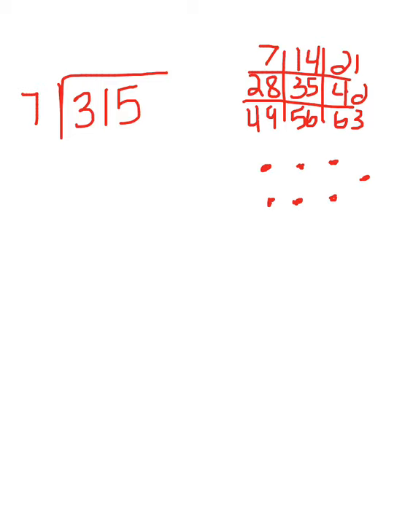Okay? So we're going to start by underlining the 3. And what we're looking at is, can 7 times a number equal 3? So if you look up here in your tic-tac-toe chart, do you see a 3 by itself? So then we extend the 3 to be 31.